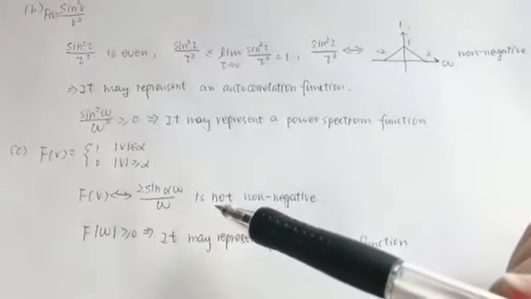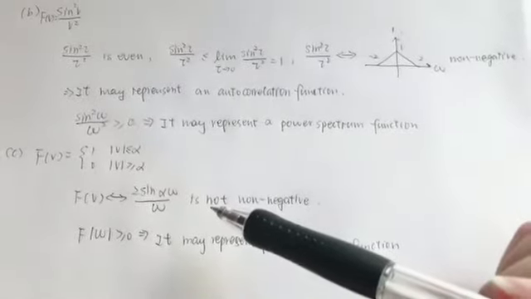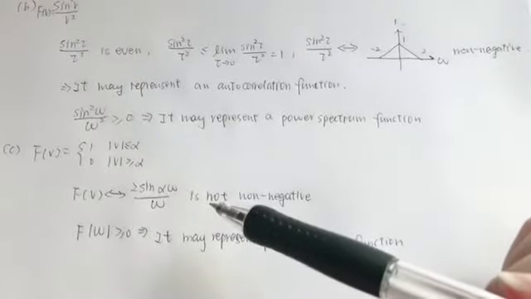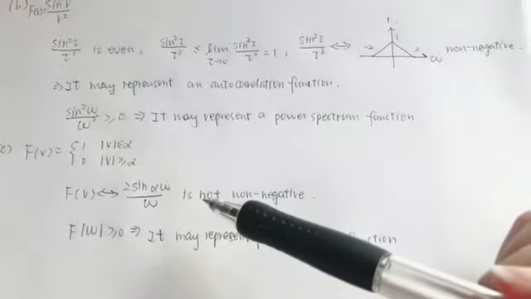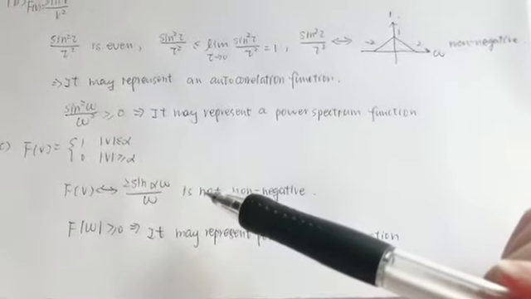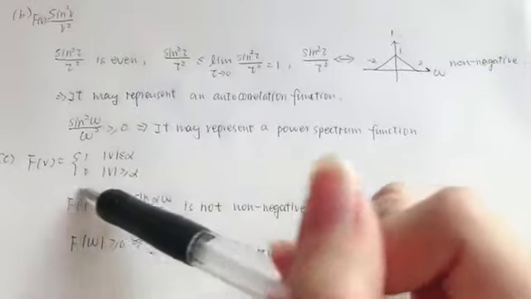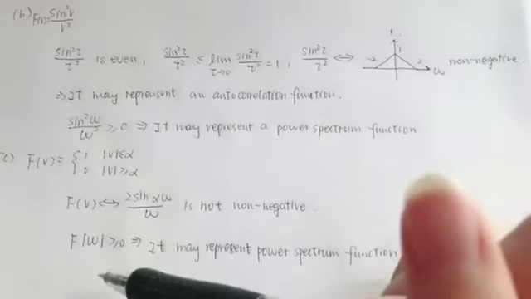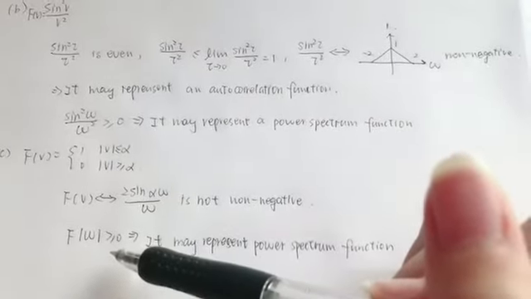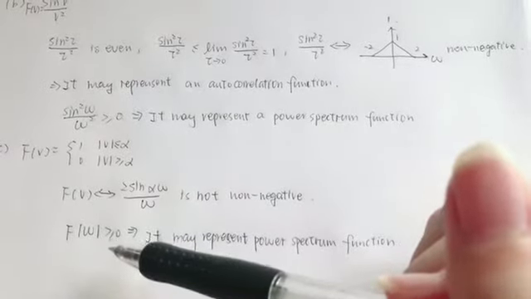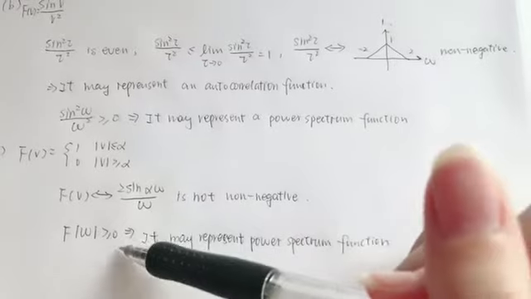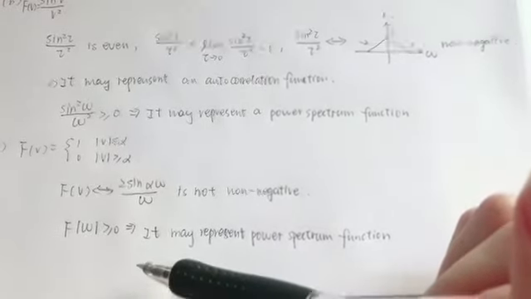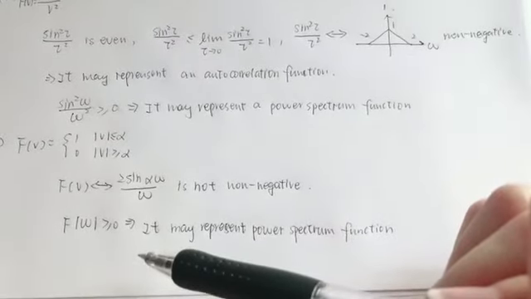That is to say, it doesn't match the third requirement, so it cannot represent an autocorrelation function. But looking back to the function itself, it is obviously larger than or equal to 0, so it may represent a power spectrum function.